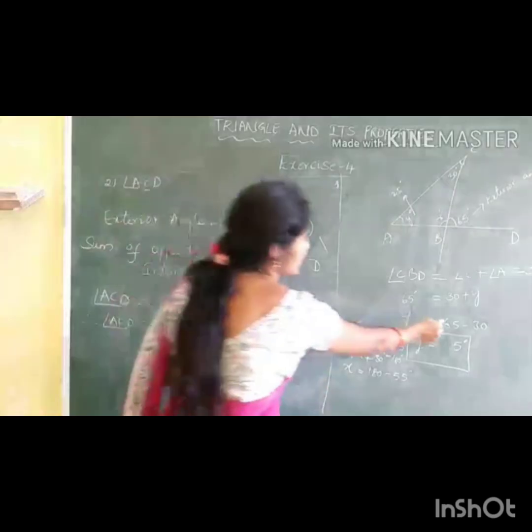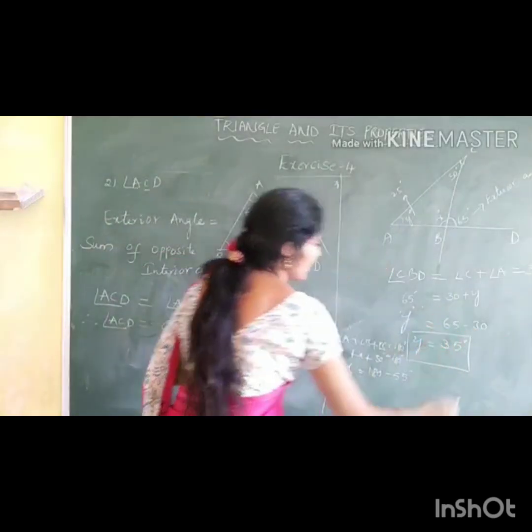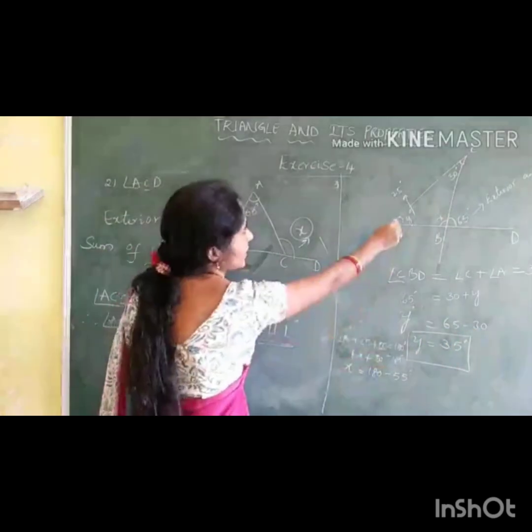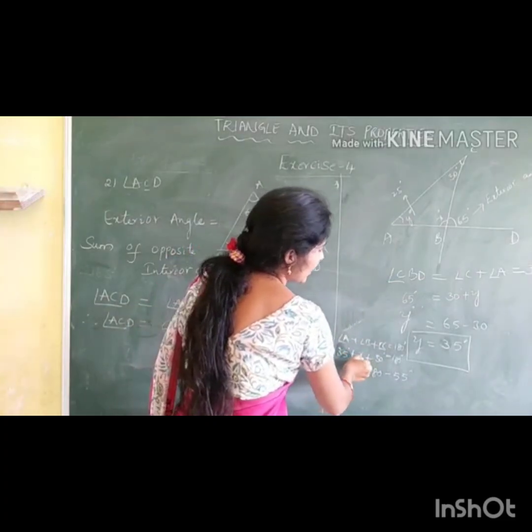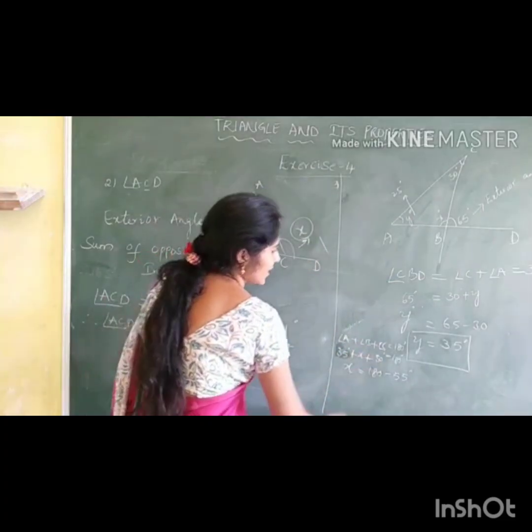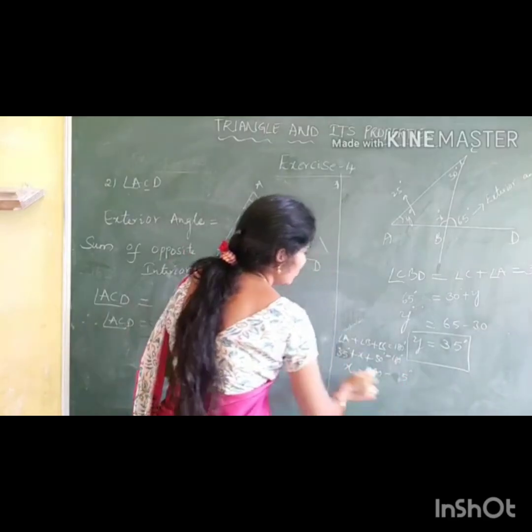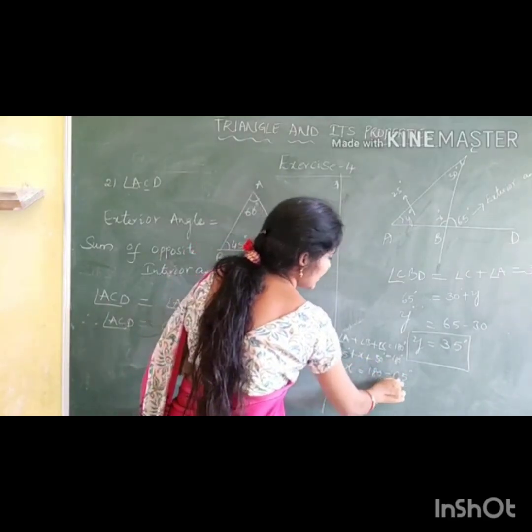Sorry children, here 65 minus 30 is 35. So y, which means angle A, is 35, angle B we should find, x, angle C is 30 degrees, equals 180. Now 35 plus 30 is 65.